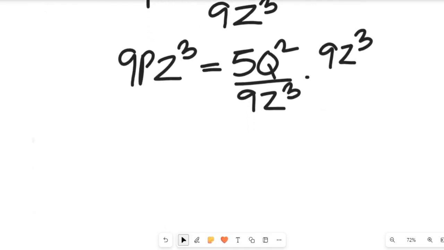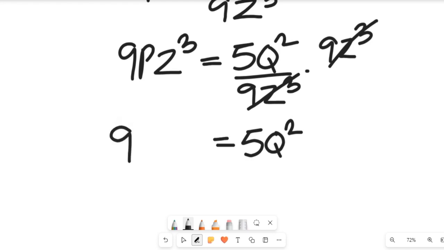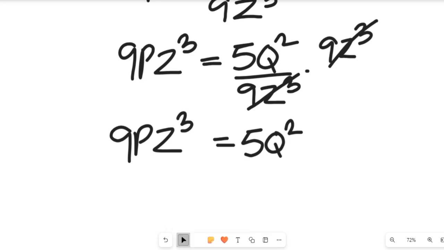So if we simplify that, you find out that the 9z cubed will clear 9z cubed and we'll be left with 5q squared on the right hand side, and we have our 9pz cubed.